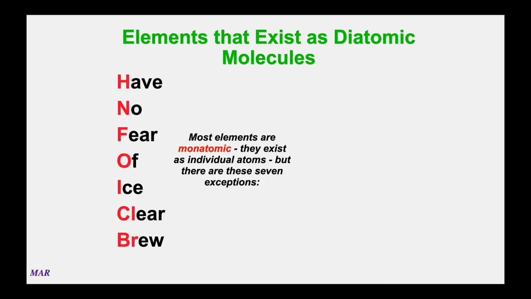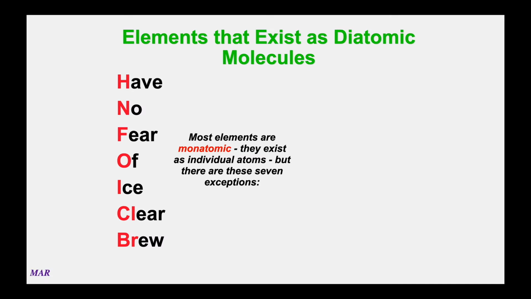And I like this little phrase right here: have no fear of ice clear brew. And it can be root brew. It doesn't have to be anything else, if you're under 21, or 19 in Canada. But anyway, have no fear of ice clear brew is important because these seven elements that I've highlighted there in red exist as diatomic.